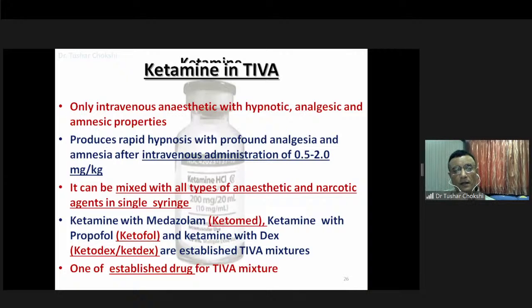Ketamine TIVA produces rapid hypnosis and profound analgesia. It can be mixed with all types of anesthetic and narcotic in a single syringe. So this is the beauty of ketamine. It can be mixed with midazolam, with propofol, with dexmedetomidine, and with another 2-3 drugs in the pipeline like ciprofol and remimazolam. It is a very well established drug for TIVA.